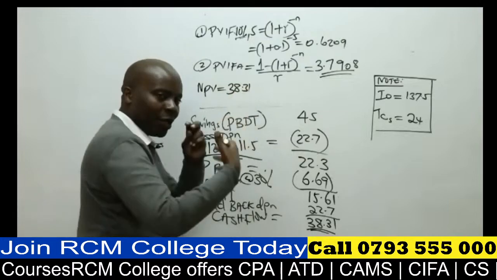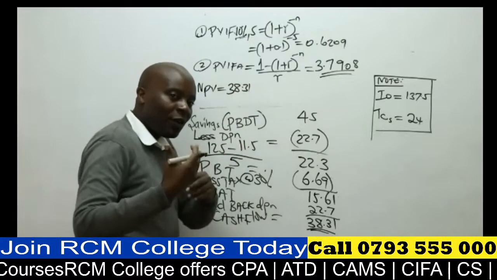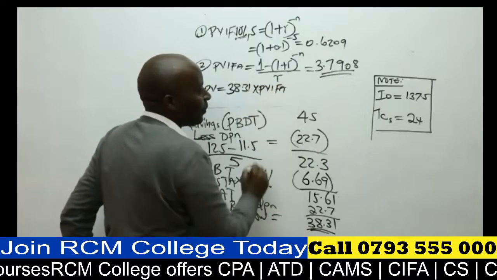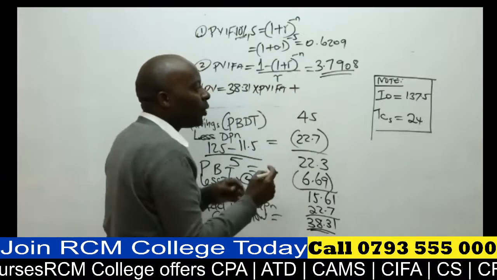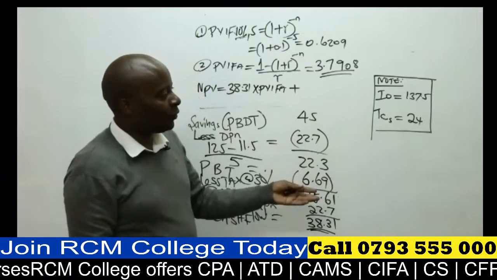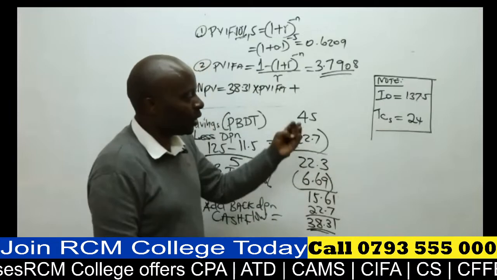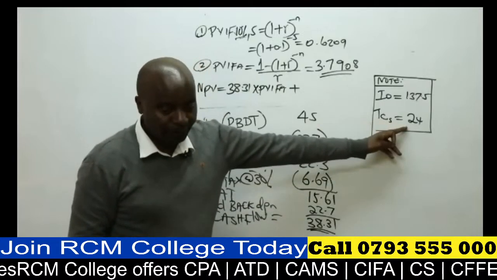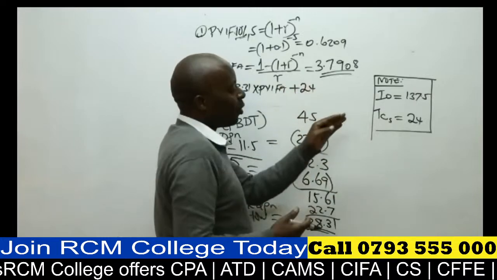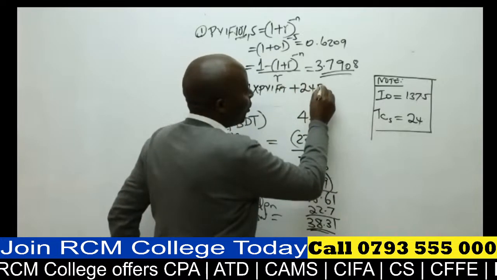Because it's an annual cash flow that I will receive every year for 5 years, I have to multiply it with the PV. Then I have this terminal cash flow that I expect to receive at the end of the 5th year. My terminal cash flow is 24, if you can remember this figure. So 24 is not a uniform figure. It is a one-off, lump sum figure. It can only be multiplied by the PV.